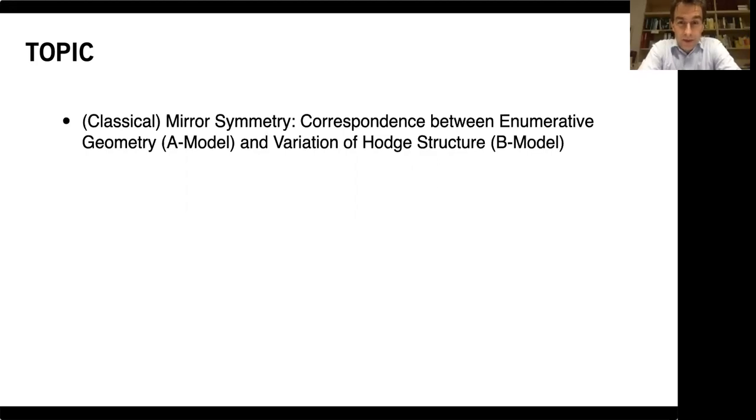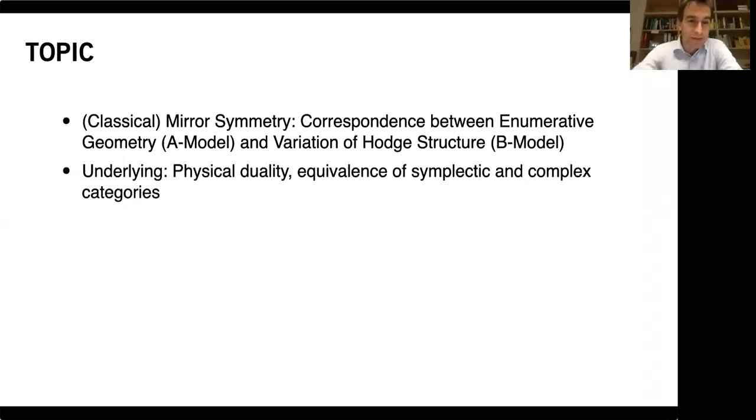Just to remind you, classical mirror symmetry, as it was discovered in the 90s, sets up a correspondence between enumerative geometry, which is also known as the A model, and a variation of Hodge structure, which is also known as the B model. You need to believe me, or believe somebody, that underlying this classical correspondence there's first of all a physical duality of two physical theories being equivalent, coming from string theory.